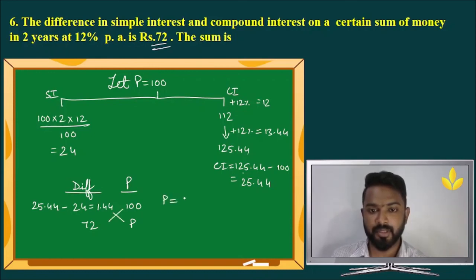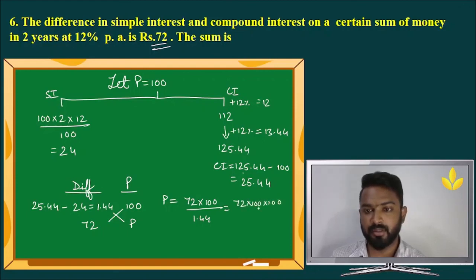Principal equals 72 into 100 divided by 1.44. That is equal to 72 into 100 into 100 divided by 144. 72 into 2 is 144. 2 into 50 is 100. That is equal to 5000. That is the answer.